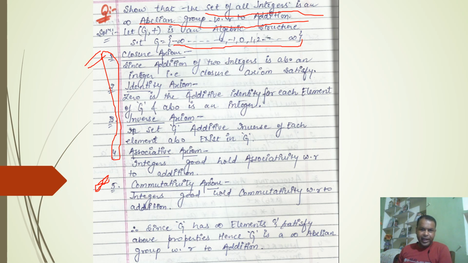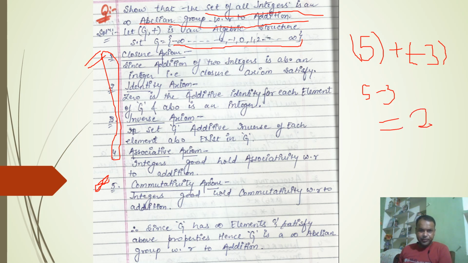If we take any integer, let us take integer 5 and one more integer, suppose I am taking -3. If I operate 5 on -3, then I will get 5 plus -3, that is 5 minus 3, and this result will be equal to 2. This is again an integer.